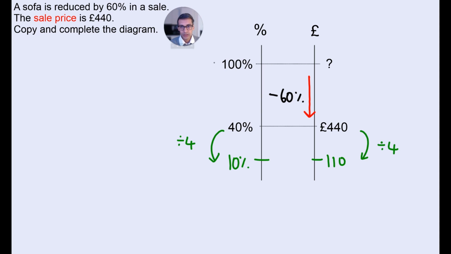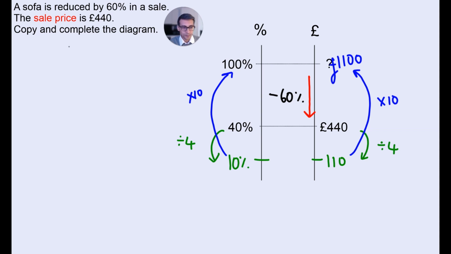And then we're going to multiply by 10 to get to 100%. So 110 times 10 is 1,100 pounds for a sofa.